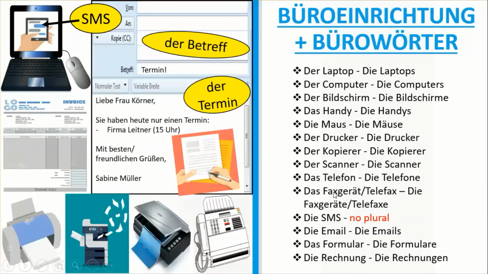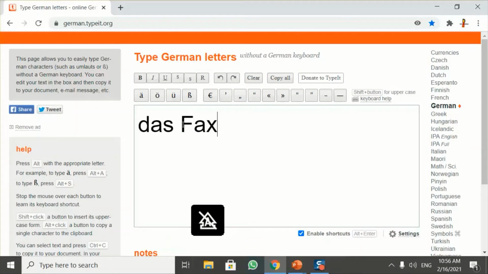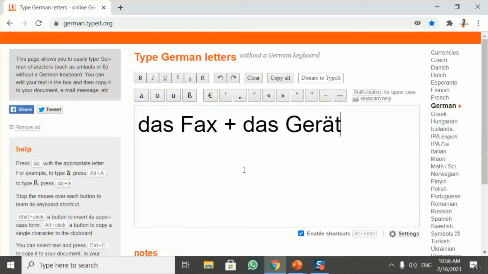Both these nouns are compound nouns in German made up of das Fax, which is the fax, and das Gerät, which is the device.